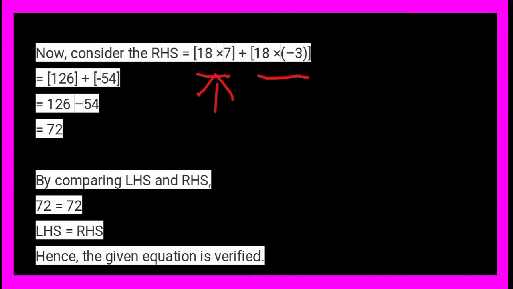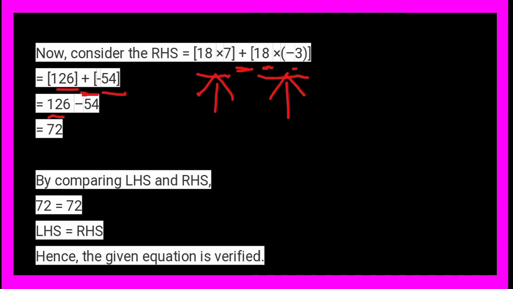So 18 7s are 126. Then we solve this bracket and we write this plus sign as it is. 18 3s are 54. But here one number is positive and another number is negative. So plus minus is minus. So 54 is minus here.